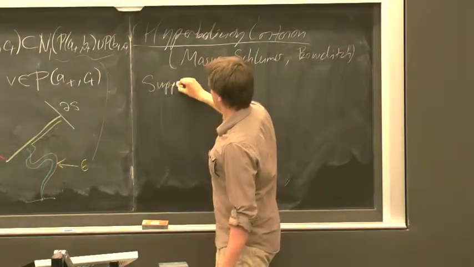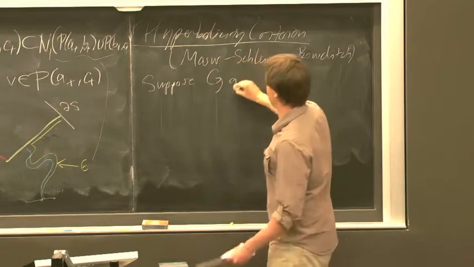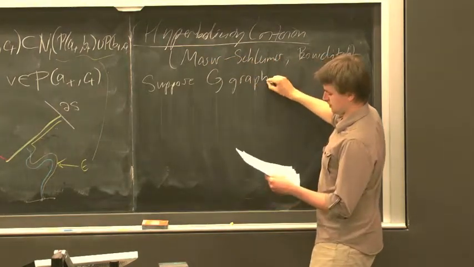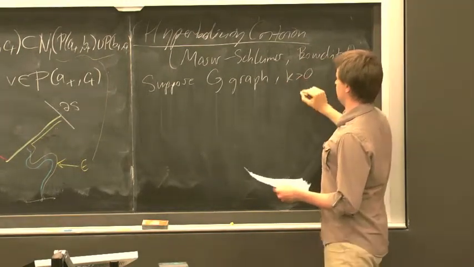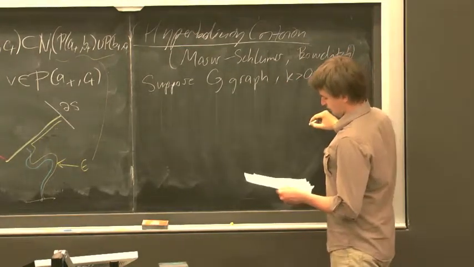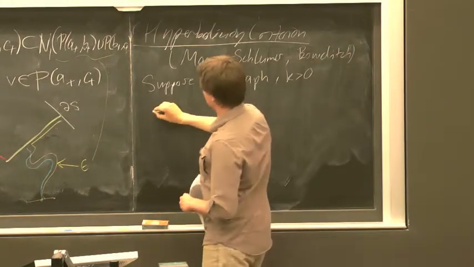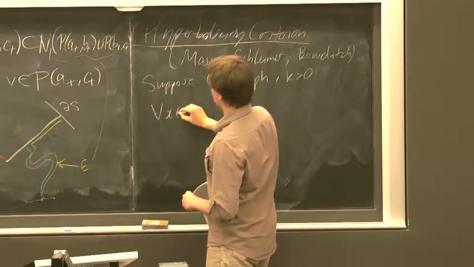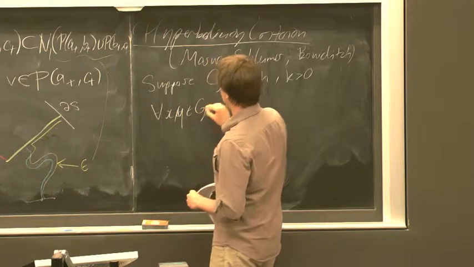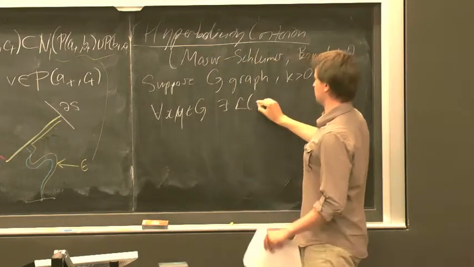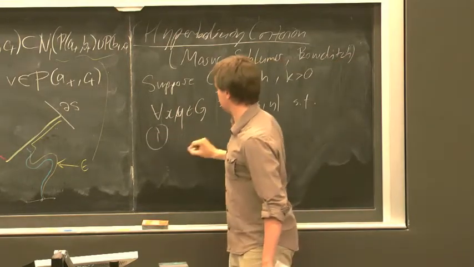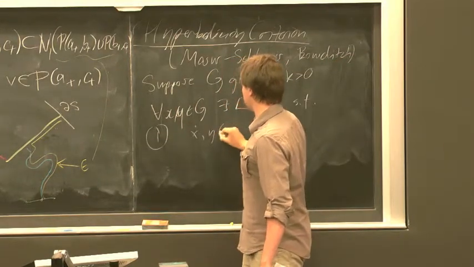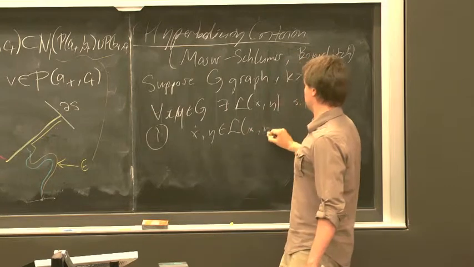Suppose G is a graph, and K is an integer. And for all x, y in the graph, there's some connected subgraph such that x and y are in the connected subgraph.